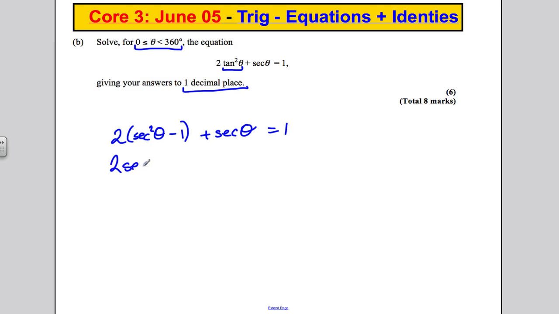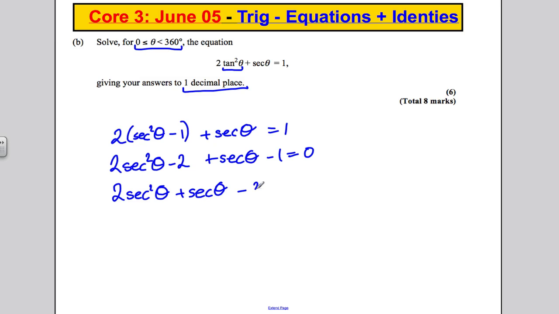You could expand out 2 sec squared theta subtract 2 plus sec theta, and then I'm going to subtract 1 off both sides is 0, tidying up 2 sec squared theta plus sec theta subtract 3 is 0. Can I factorise this?